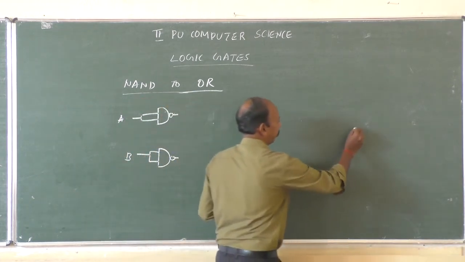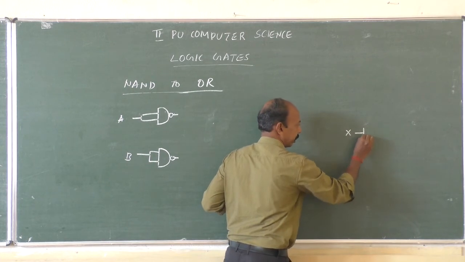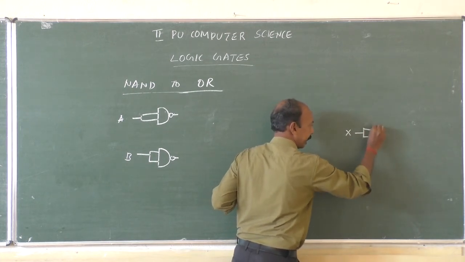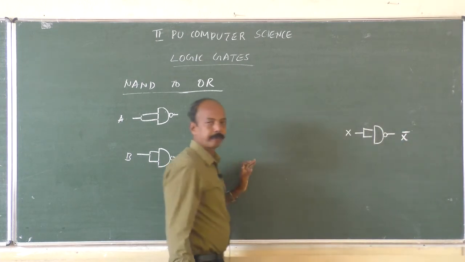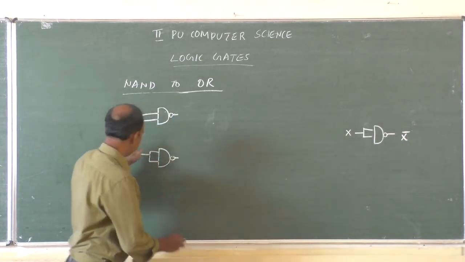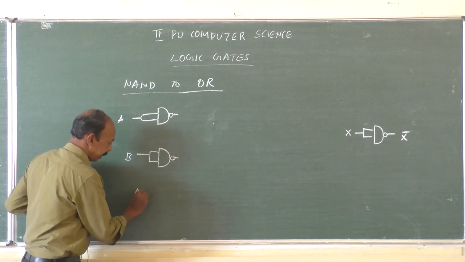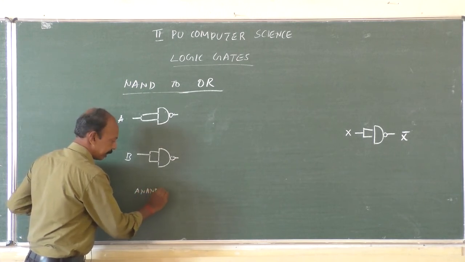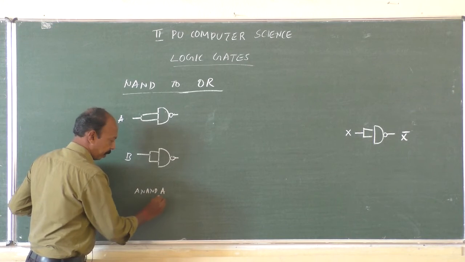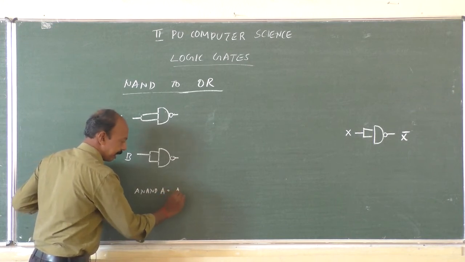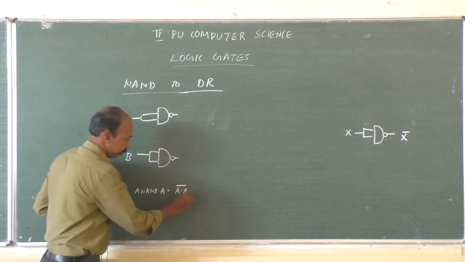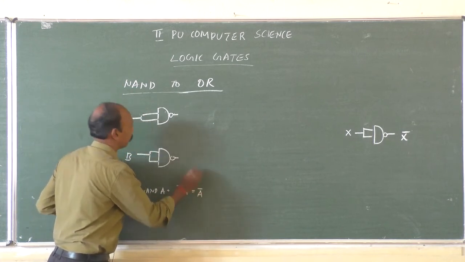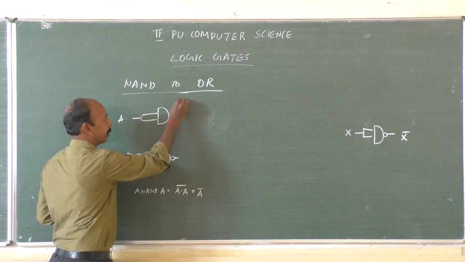Because when we feed X as the same input to the NAND gate, what we are going to get will be X bar, isn't it? So for A NAND A, how can we write this? That is (A dot A)', which is A bar. So what we have here is A bar.